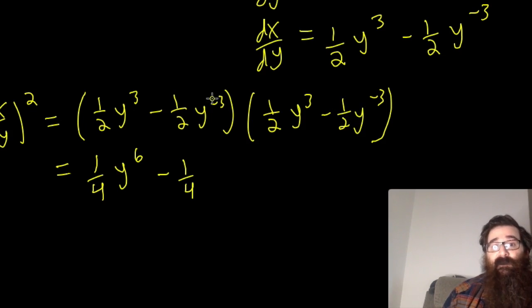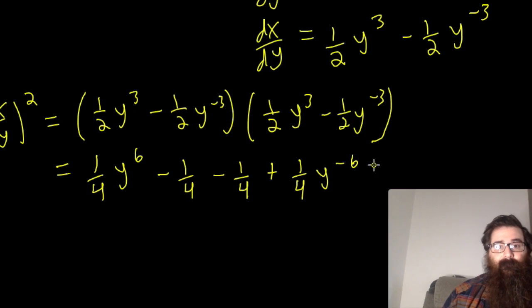It gives me y to the 0, which is 1. But then I get another one of those same products. So I get a minus 1/4 and then another minus 1/4, which we can combine later. And for the last term in FOIL, negative times negative is positive. 1/2 times 1/2 is 1/4. Y to the minus 3 times y to the minus 3 gives us y to the minus 6.